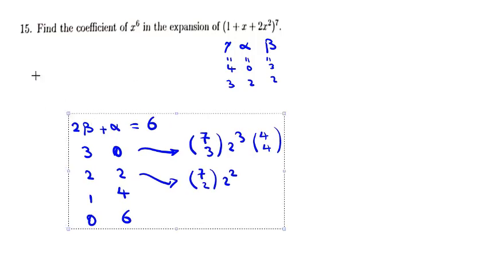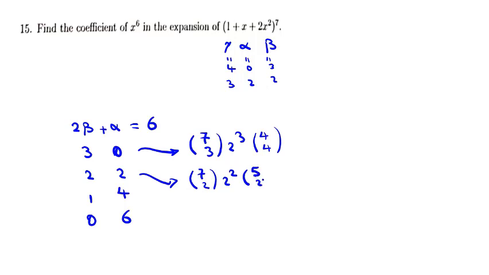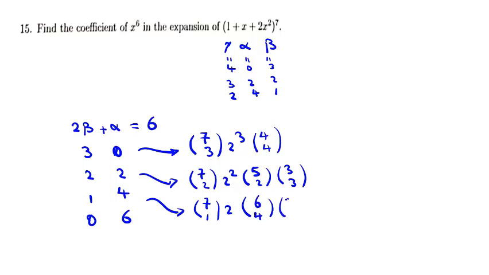It will be 2 squared. Then you have 5 choose 2, 3 choose 3. The next one is 1, it is 4. So 1, 4, 5, it will be 2. It will be 7 choose 1 for this, times 2, times what is left, 6 choose 4, and then 2 choose 2.